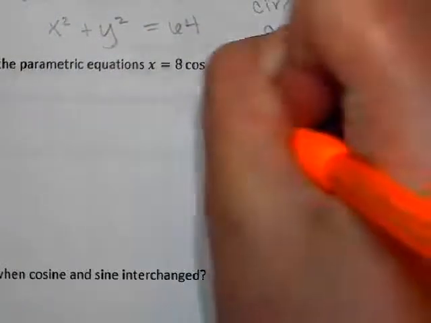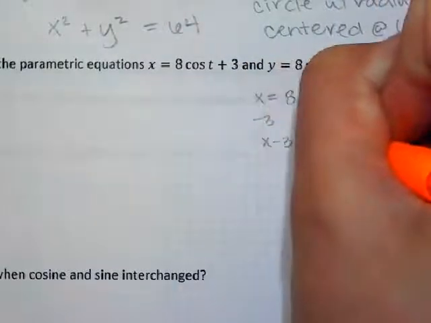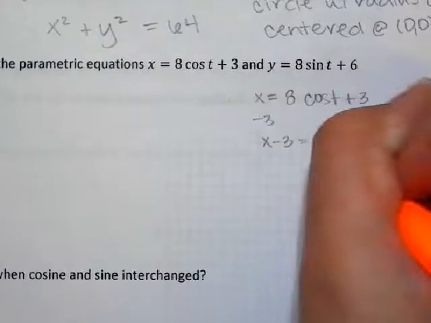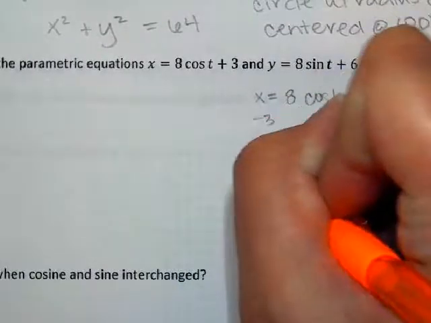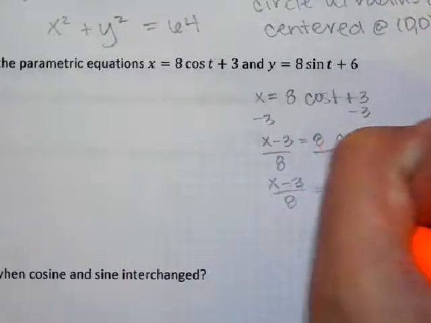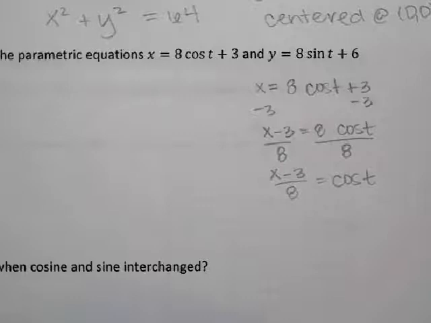And then I'm going to divide by 8, because I'm still using that same Pythagorean identity of sine squared plus cos squared equals 1. I still have to use that because I still have a cos and a sine. So I've got that one, and then I've got y equals 8 sine t plus 6.